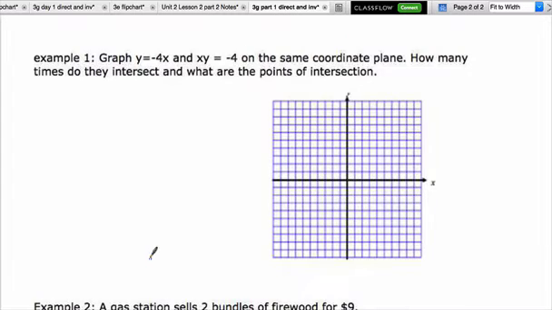Okay, so now we need to graph these two equations. And we're just going to make a couple of tables for them. I'm going to change this one so it's y equals -4 divided by x. And I'm going to make two tables, and then I'm going to graph them.